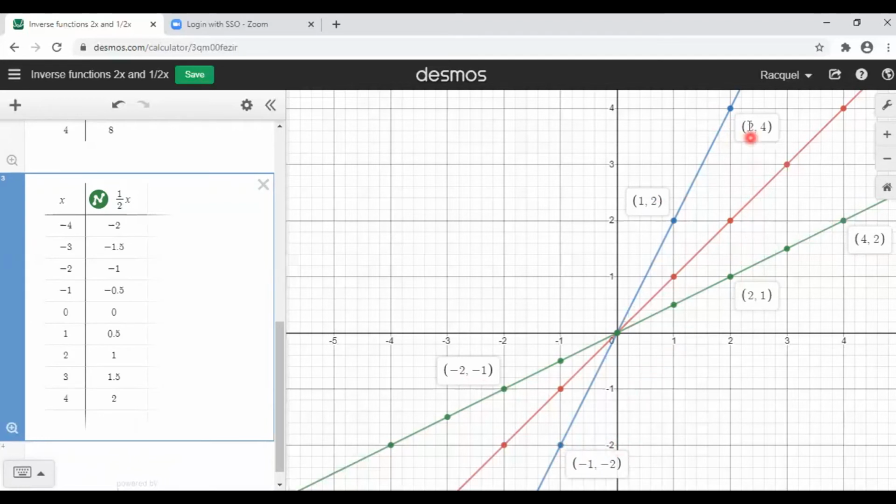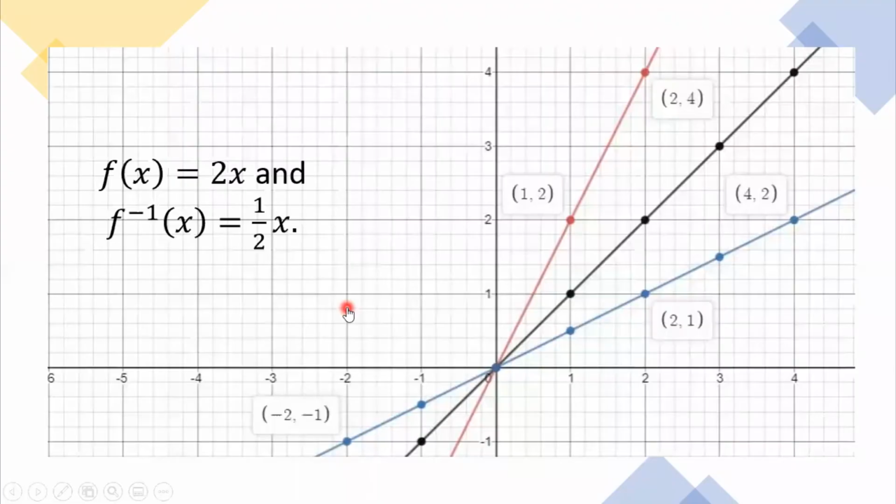So we can say that the function y is equal to 2x is an inverse function of y is equal to 1/2 x, or that y is equal to 1/2 x is an inverse function of y is equal to 2x. Okay, so we have here a screenshot of the video.